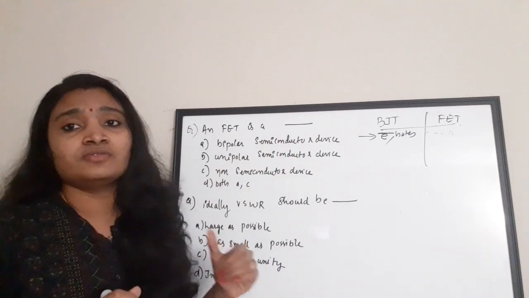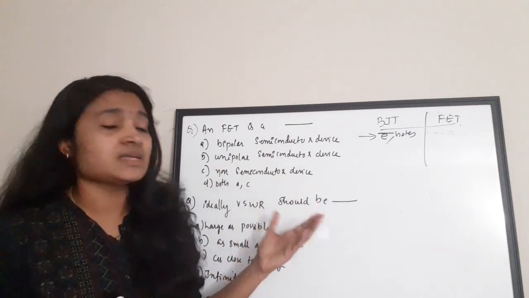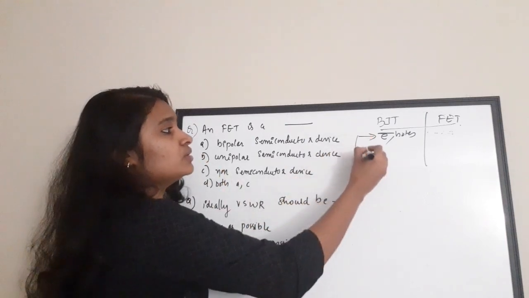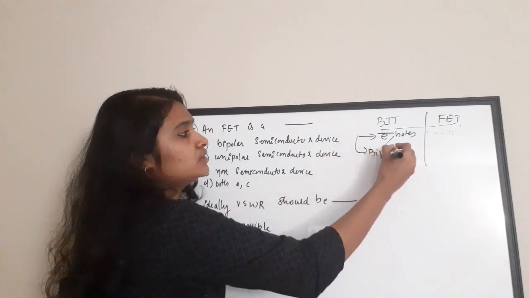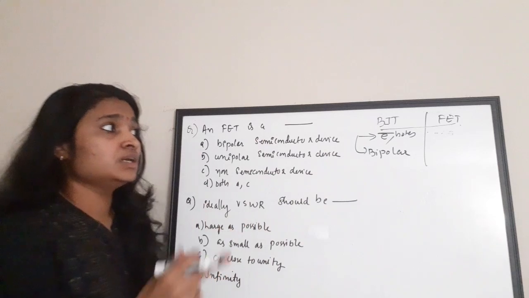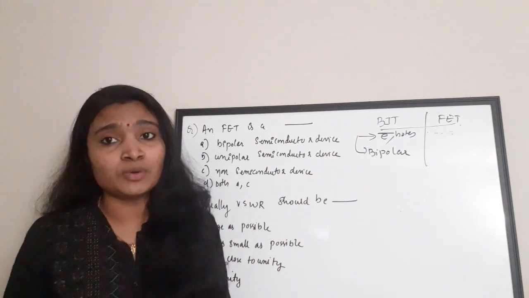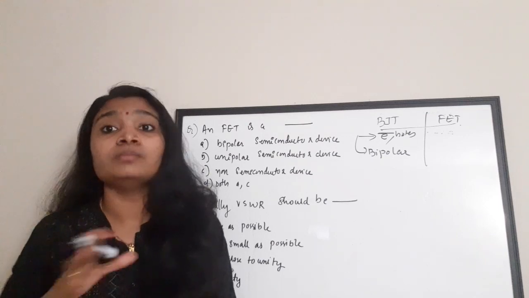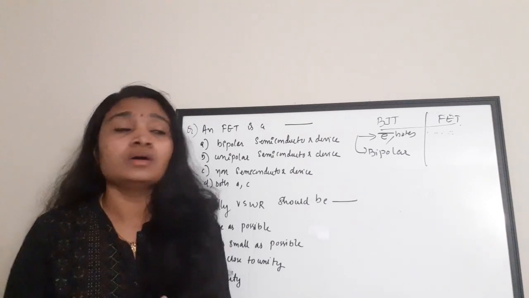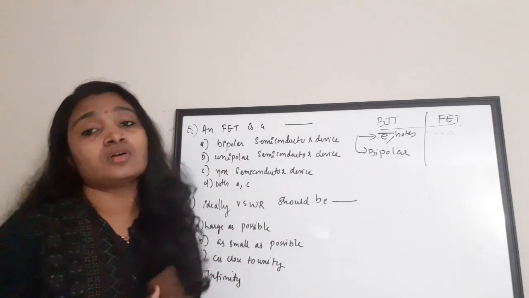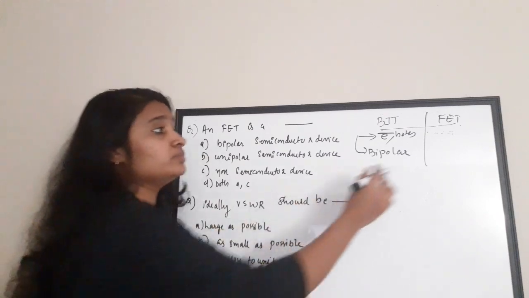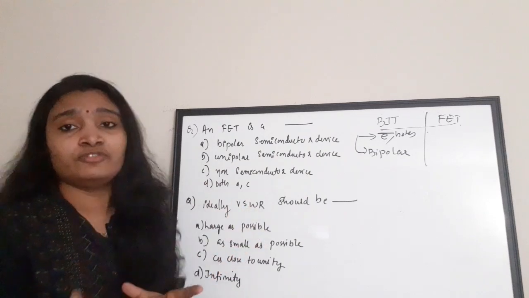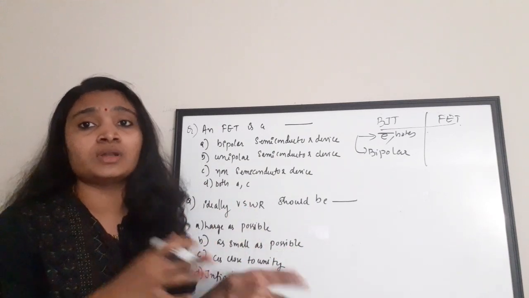In BJTs, we say that electrons and holes contribute to current. That is why they are called bipolar. Whereas in FETs, there is only one type of current carrier contributing the current, mainly electrons. That is why they are called unipolar. From today onwards, if somebody asks you the difference between BJT and FET, don't just say that one is unipolar and one is bipolar.